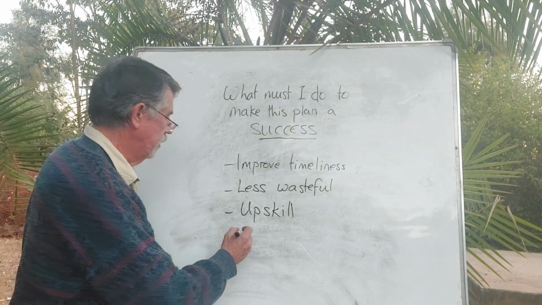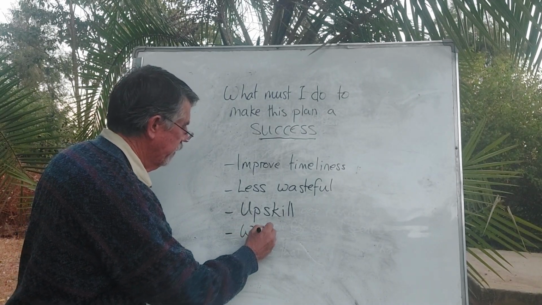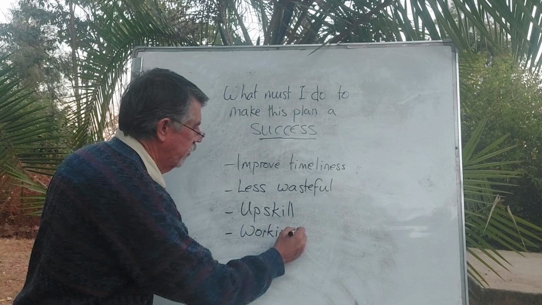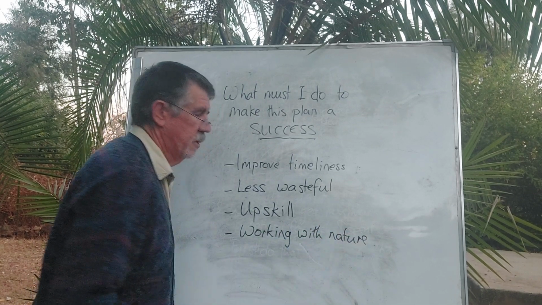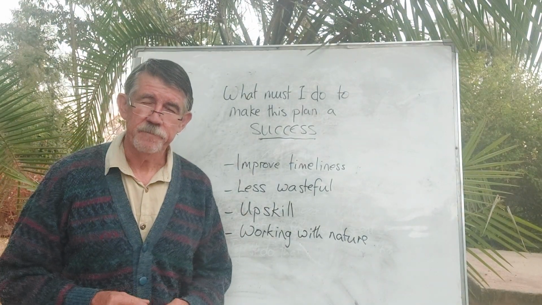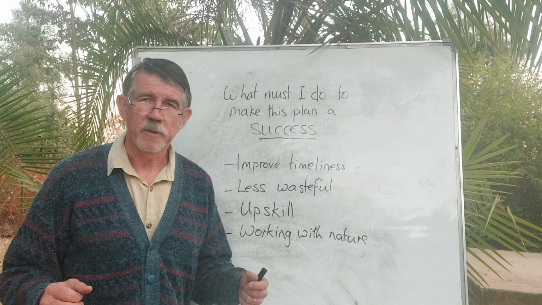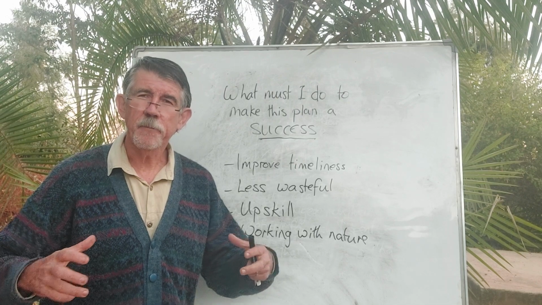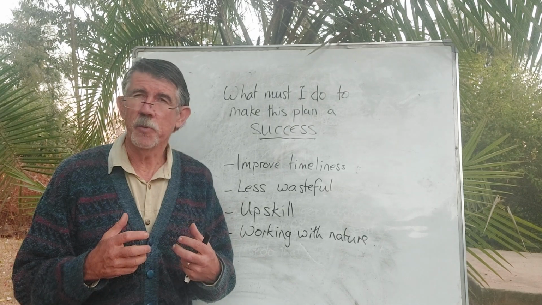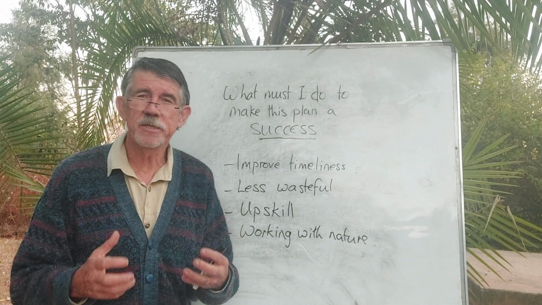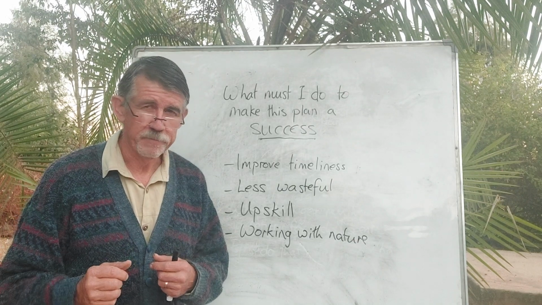What about working with nature more than against nature? Farming is all about working with nature. Thinking about the biological system that we are in and doing things in such a way that biology, nature works for us rather than us working against nature.